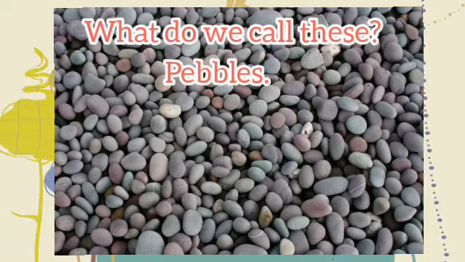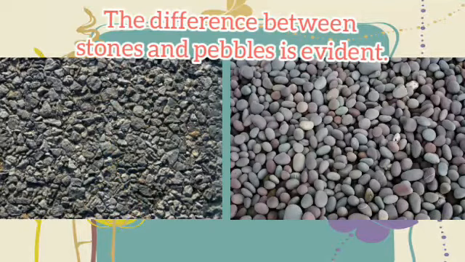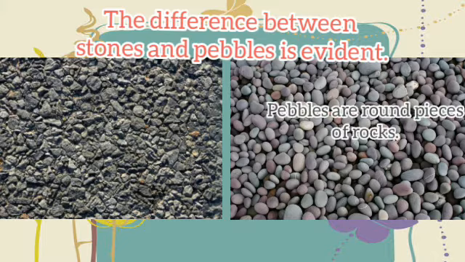But now, the difference between the stones and the pebbles is very evident. You can easily identify between a stone and a pebble. And how is that possible? By looking at it, we can say that the pebbles are round pieces of rock. And when we touch them, the pebbles are smooth.